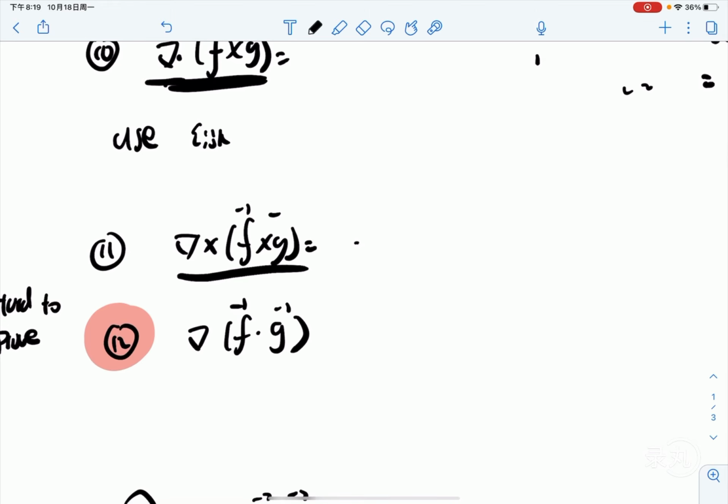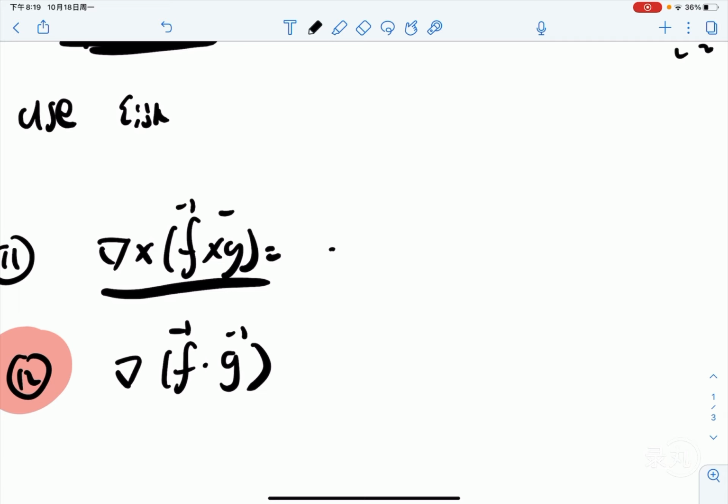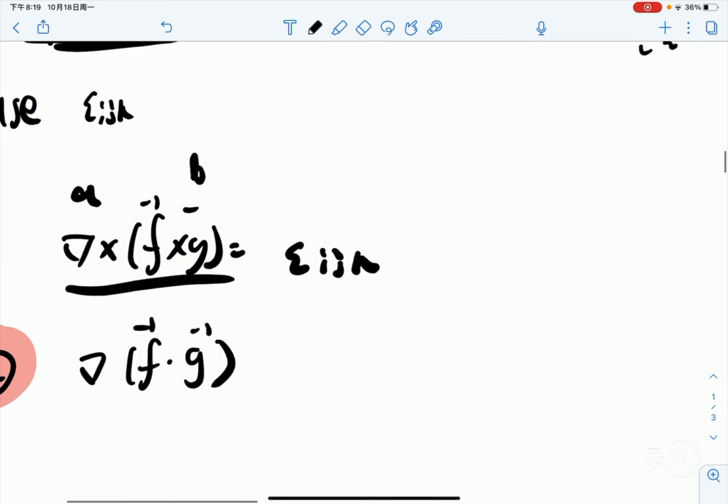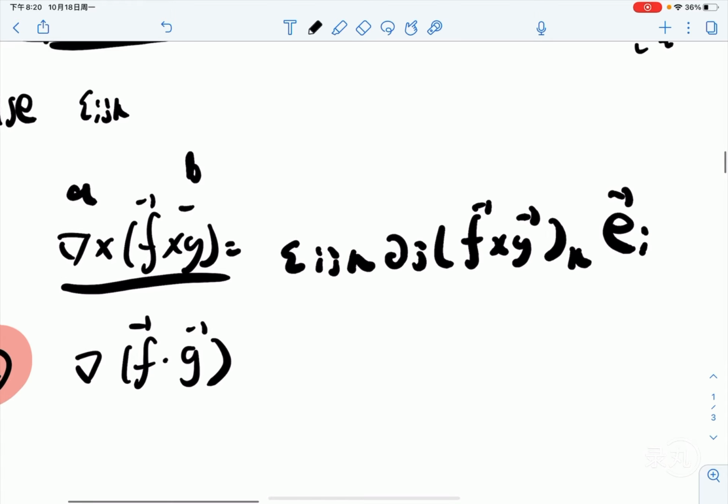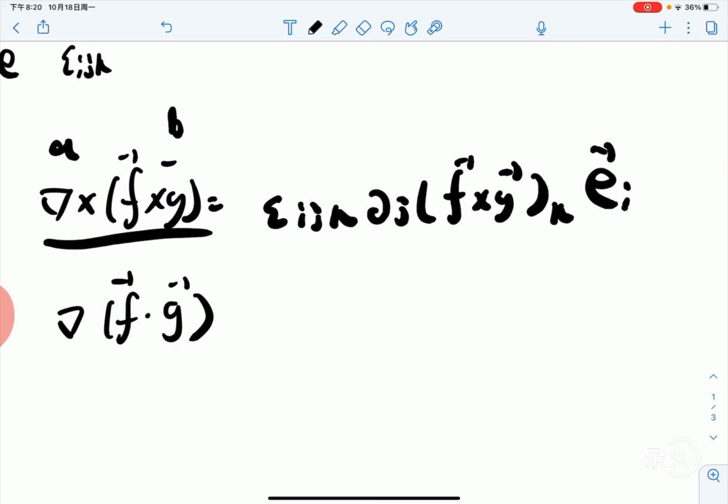So the inside, and we're just going to take a look at the outside for now. So this one's A and this one's B, epsilon_IJK ∂_J, K, I, and this is the inside, because there must be a K term.